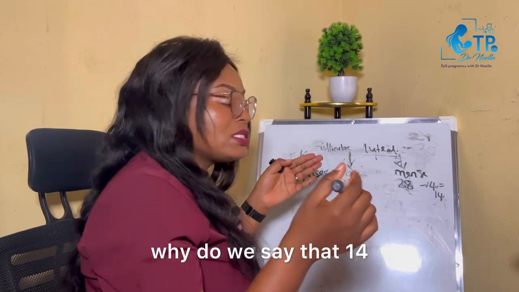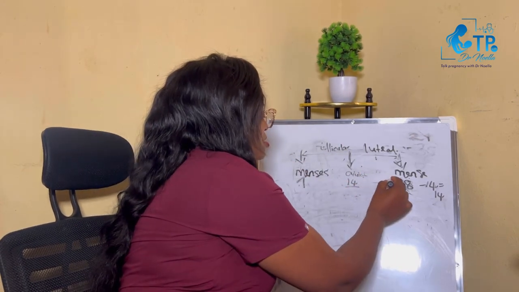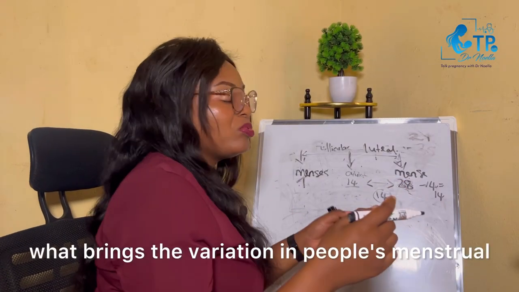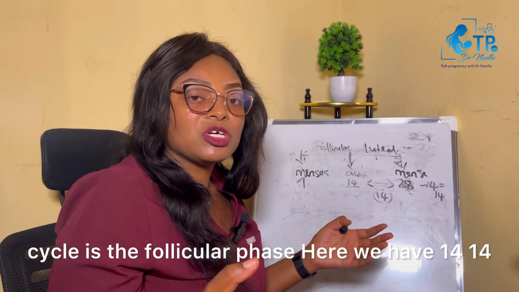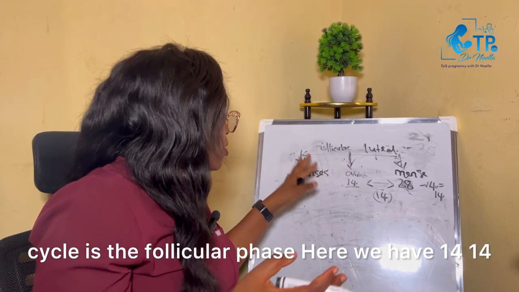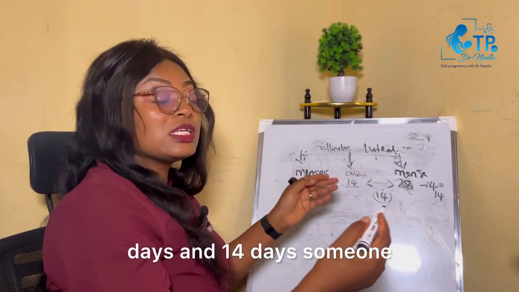Now, why do we say 14? Because the luteal phase is always 14 days. What brings the variation in people's menstrual cycle is the follicular phase. Here we have 14 days and 14 days.